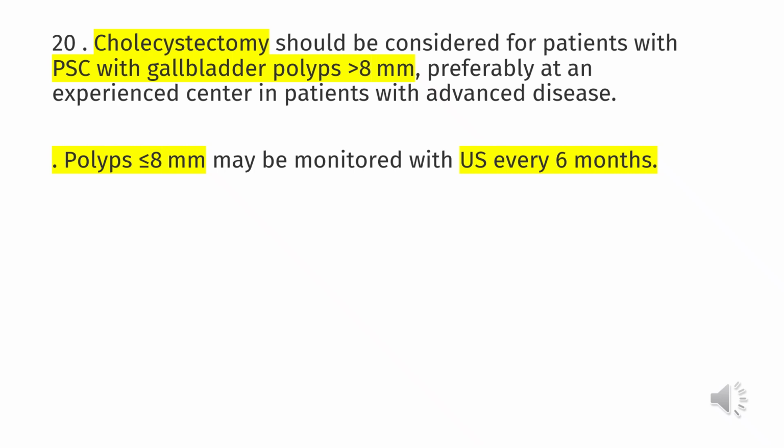But if the polyps are smaller than or equal to 8 millimeter, you may consider monitoring them with ultrasound every 6 months. So do you remember this number, 8 millimeter and bigger? This is going to be cholecystectomy. But if smaller than or equal to 8 millimeter, ultrasound every 6 months.